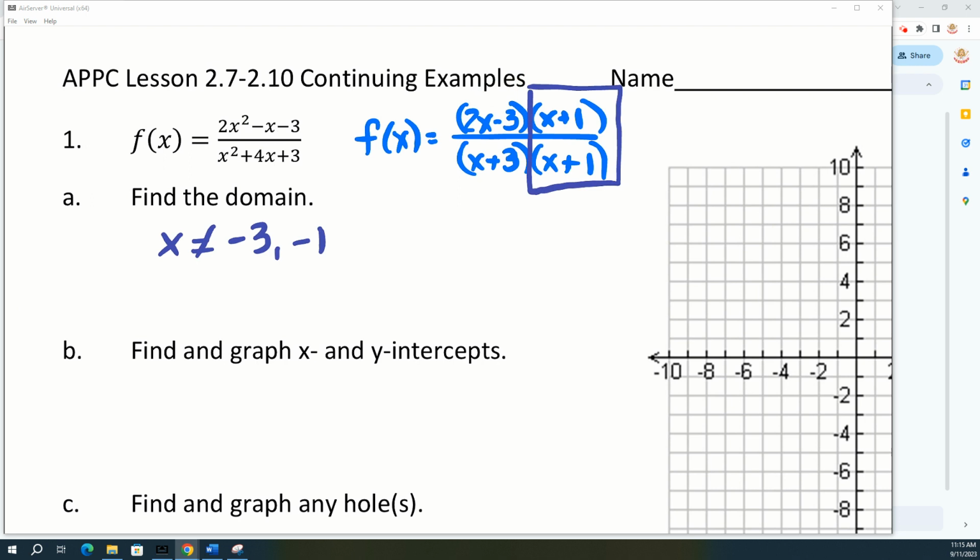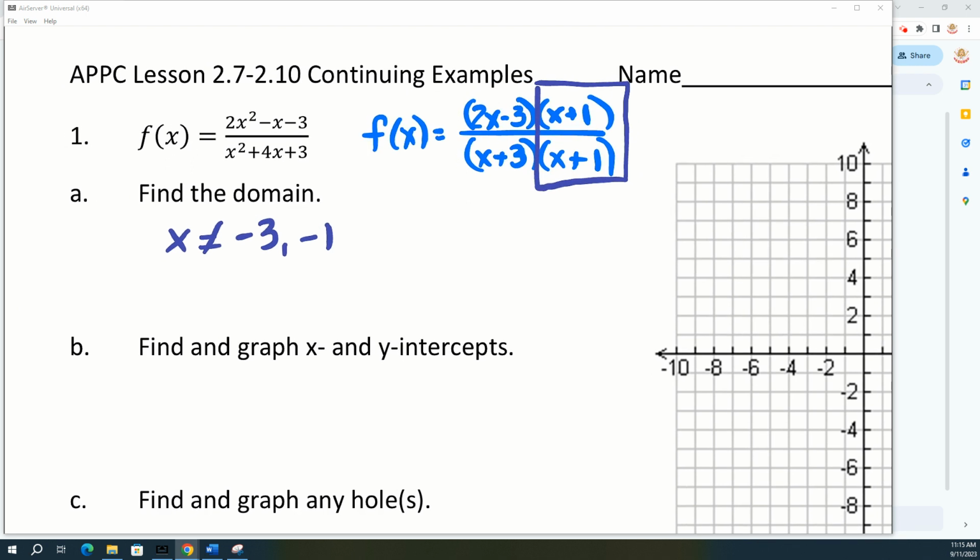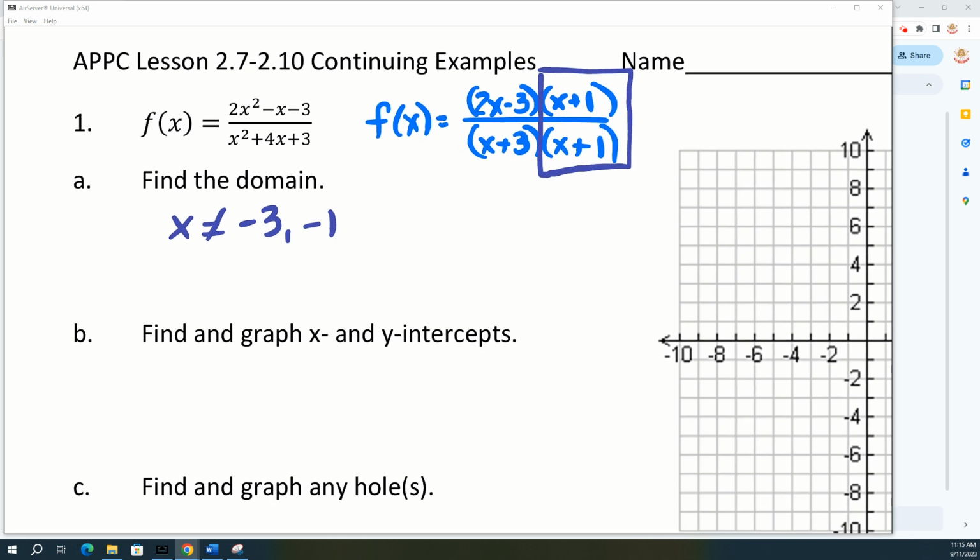Now, this x-intercept is actually more challenging than the ones we did in class. Is your x-intercept, looking at this factor, just going to be 3? No, because that is 6 minus 3. That's definitely not 0. What is it going to be? 3/2. Now, if you can't do that in your head, it's perfectly fine.